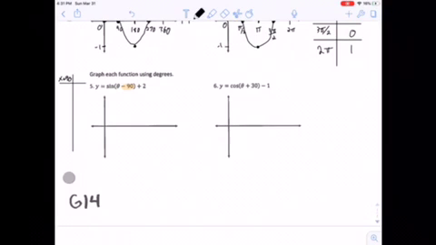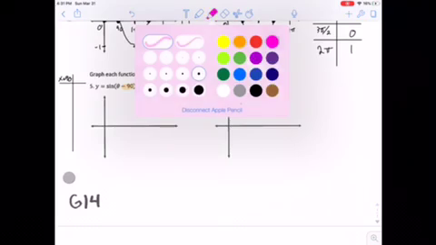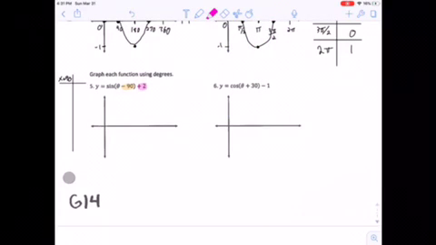So all of those numbers, 0, 90, 180, 270, 360, those are going to add 90 to it. Then this number right here, this plus 2, tells us that our y values are going to have 2 added to them. So if we go through this, we start at 0, 0 plus 90 is 90. And then, since it's sine, 0 plus 2 is 2.